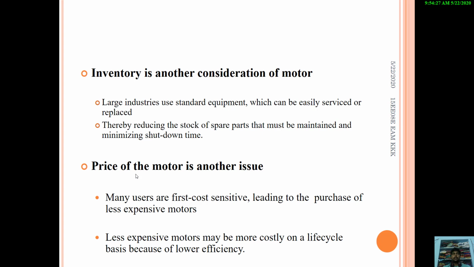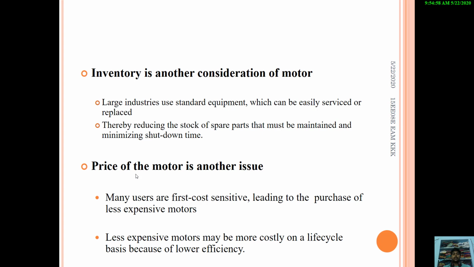You have to see whether service facilities are available, and choose according to the motor brands. We must be able to easily purchase spare parts. If any damage occurs in a motor, you have to replace it by purchasing new spare parts, which must be easily available. Based on that we have to select a motor.